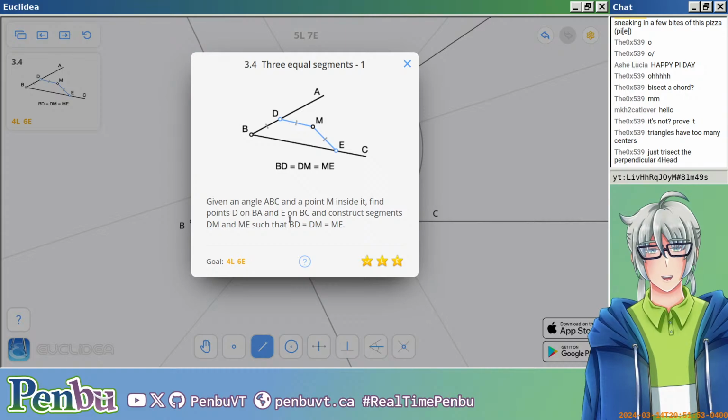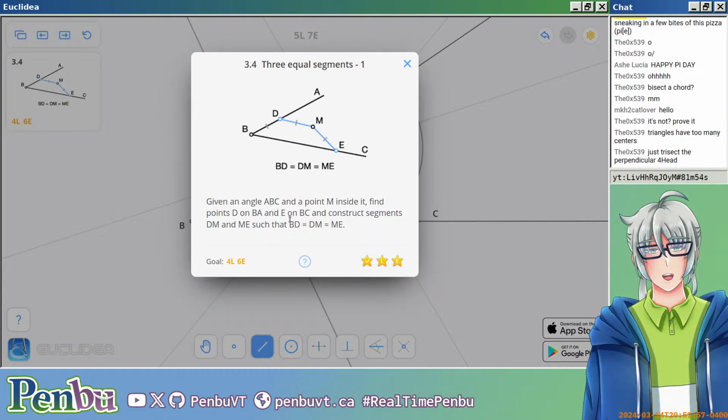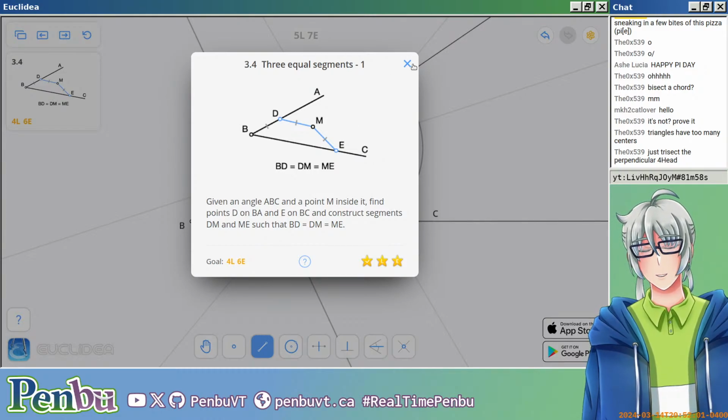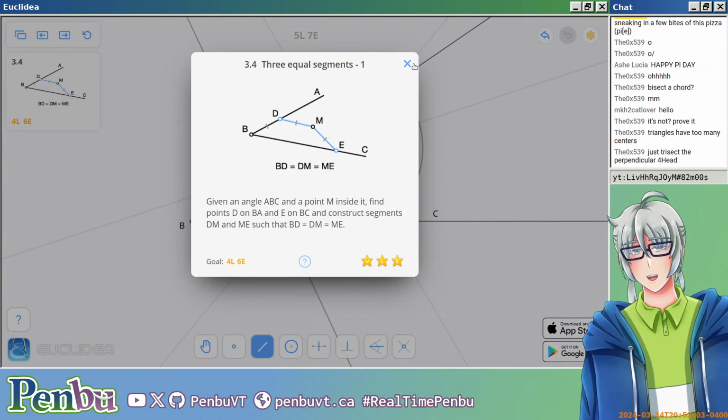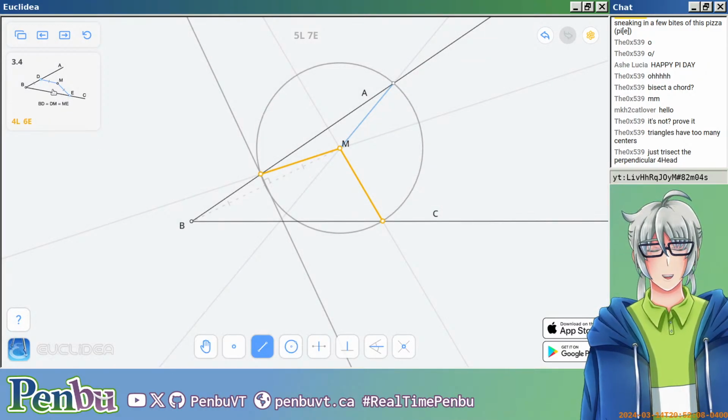Given an angle ABC and a point M inside it, find the points D on BA and E on BC and construct segments DM and ME such that BD, DM, and ME are equal. Now, perhaps from the diagram, it's implicit that they should be a non... What's the word I'm looking for?